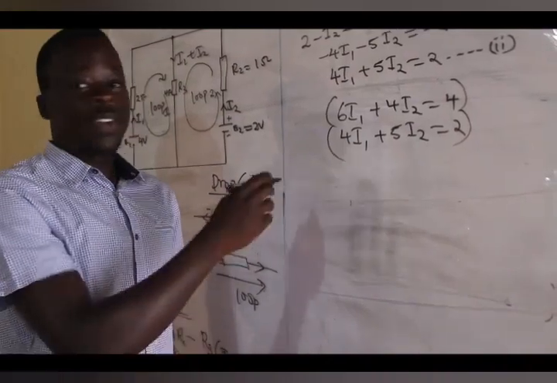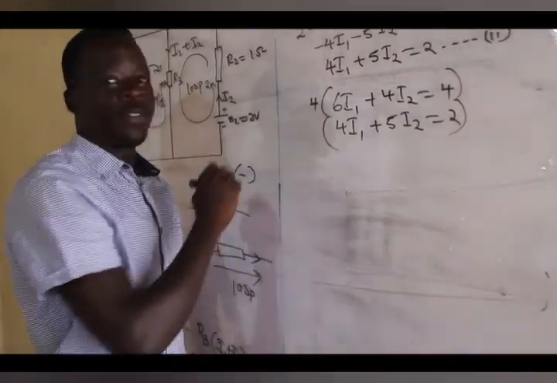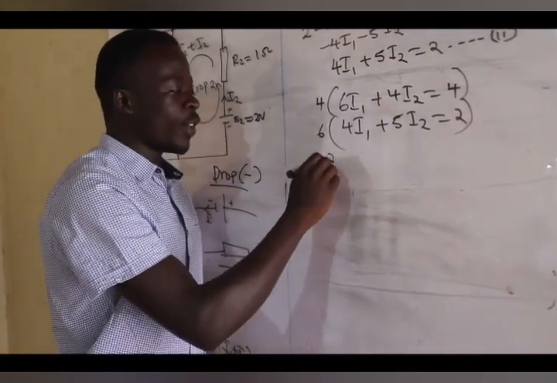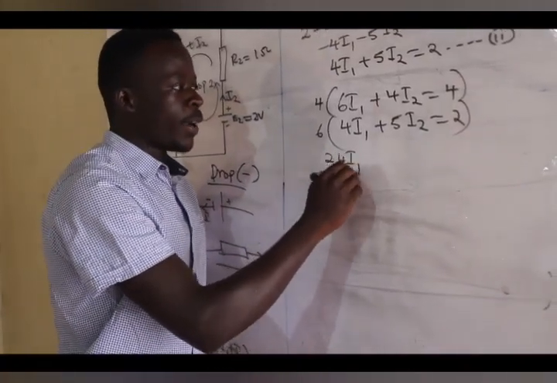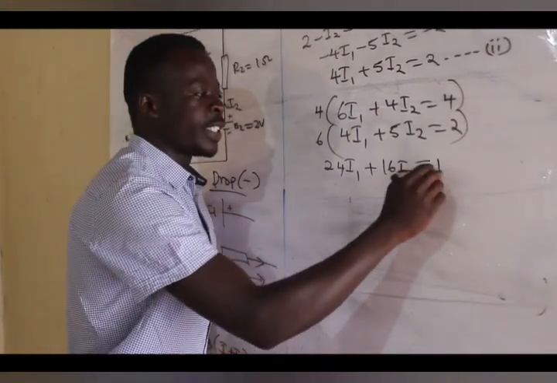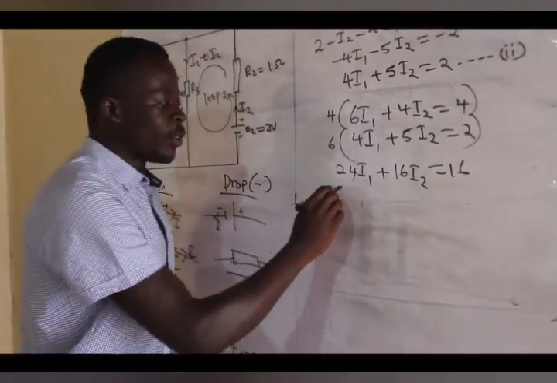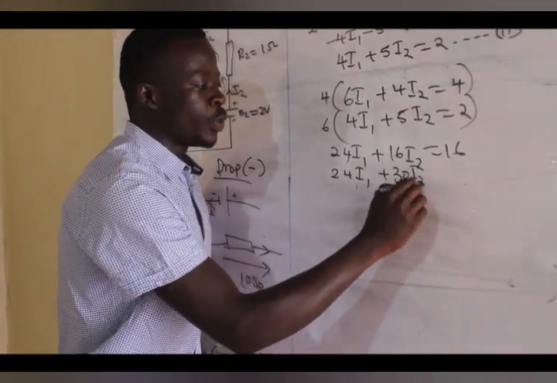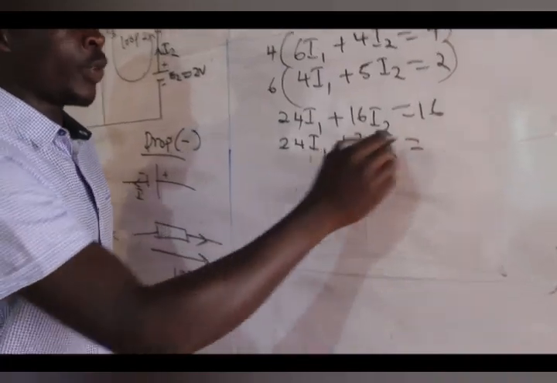Here I'm going to multiply by 4, and this one I'm going to multiply by 6. Opening that, you're going to have 24I1 plus 16I2 equal to 16. This one will be 24I1 plus 30I2, which will give us 12.